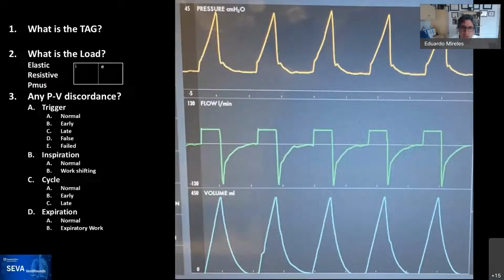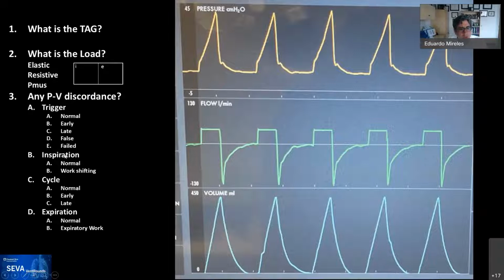We start with a case. We're back in COVID season, so we have a lot of fresh images from the bedside, and here I have one for you to think through. There's no poll, but I want you to think about what the tag is, what actually is happening in this, what type of mode it is, what the load is, and if you see any patient-ventilator discordance.